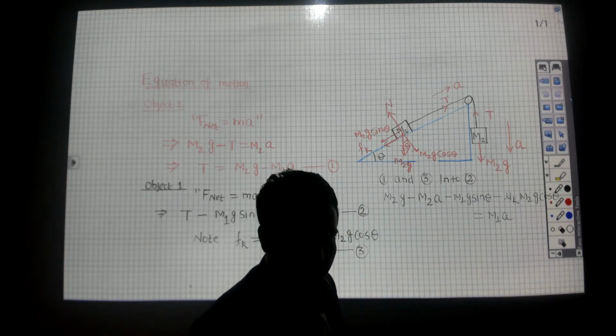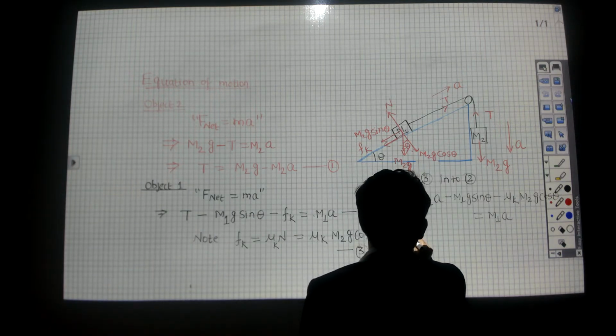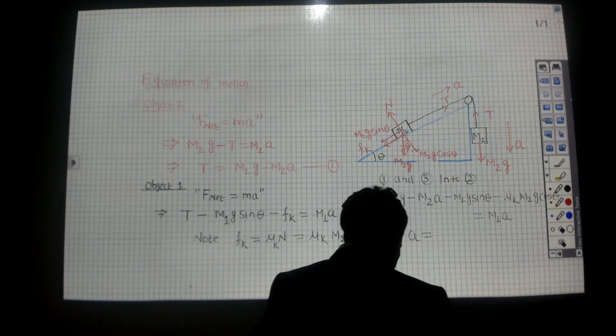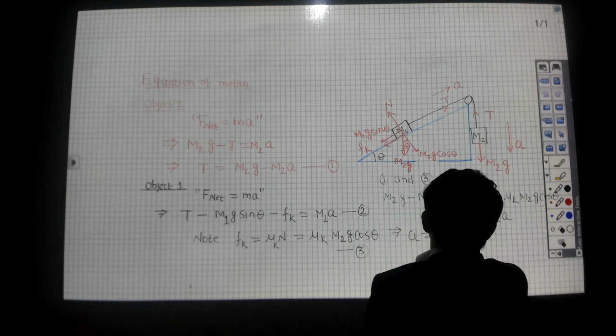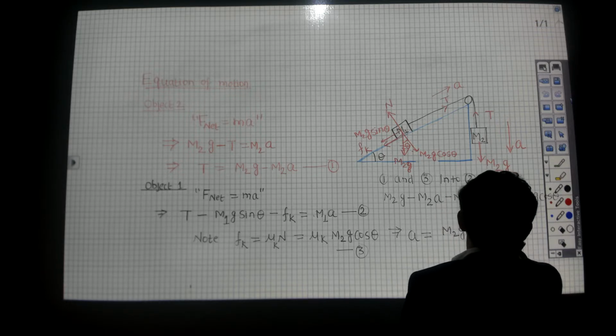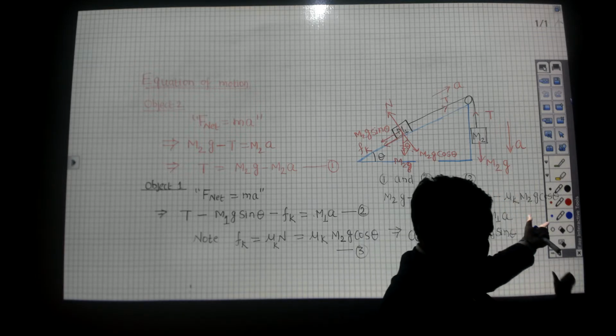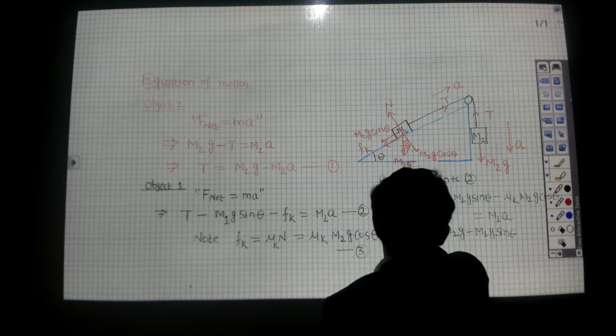Now I'm solving for a. So if I solve this value for a, what would I get? Well, I will get m2g minus m1g sine theta. I'm just taking this one to the other side. Okay, I'm just keeping all the other terms the same.